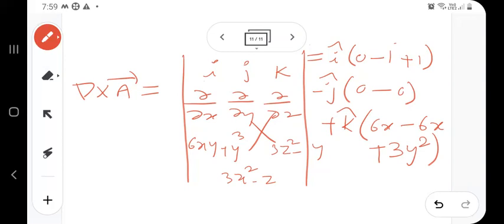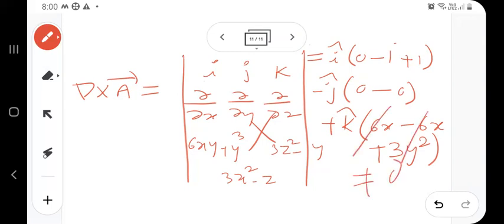Minus j cap into dou by dou x of 3z square, which is 0, minus dou by dou z of this, also 0. Plus k cap into dou by dou x of 3x square minus z, 6x, minus dou by dou y of this, 6x plus 3y square. It is not equal to 0.